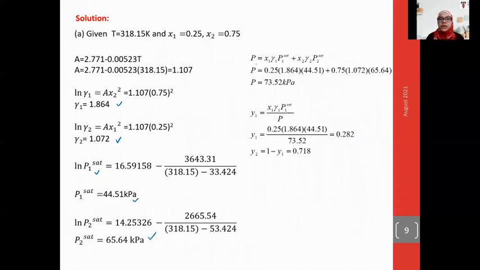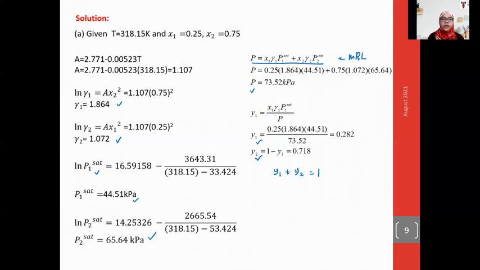By inserting these into another equation, because we are using the modified Raoult's law, you can get the value of pressure. And then using this correlation, you can get the vapor phase composition for both species, because y1 plus y2 equals 1.